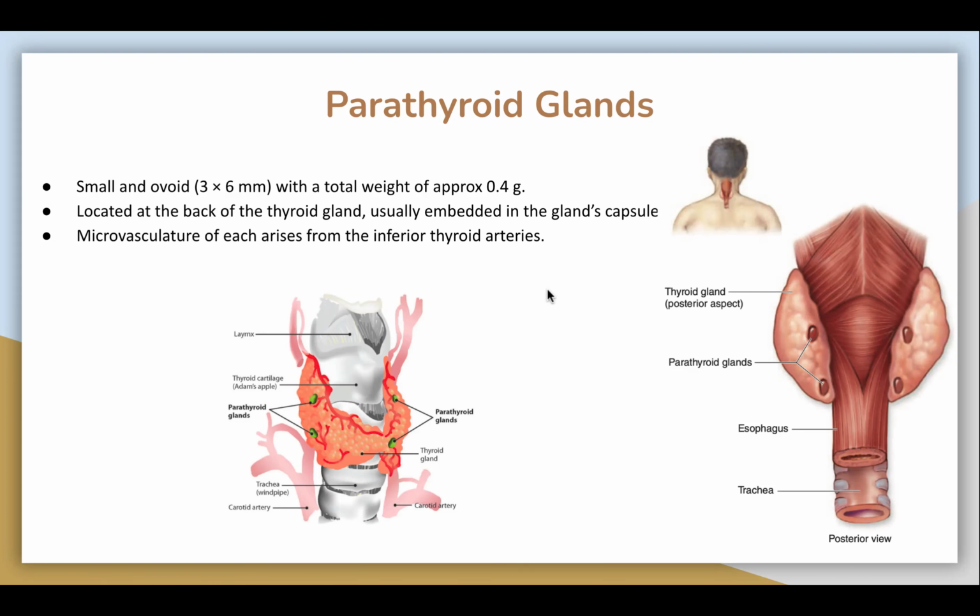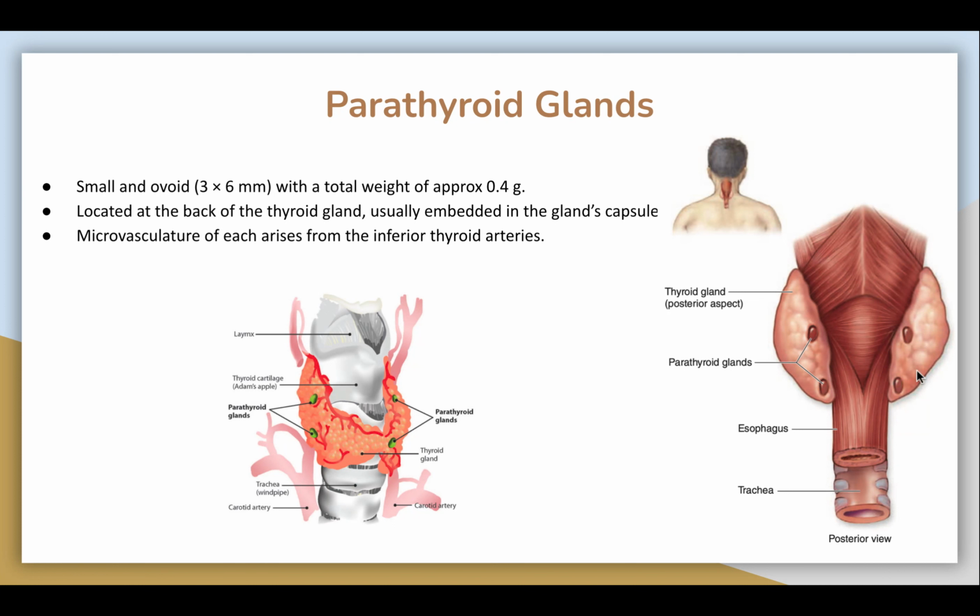Okay. Moving on, you also have another endocrine organ very close, or directly embedded within the thyroid gland. You have four parathyroid glands. Okay? These are small and ovoid, about 3 to 4 millimeters, with a total weight of 0.4 grams. They are located at the back of the thyroid glands and are embedded within the gland's capsule usually.